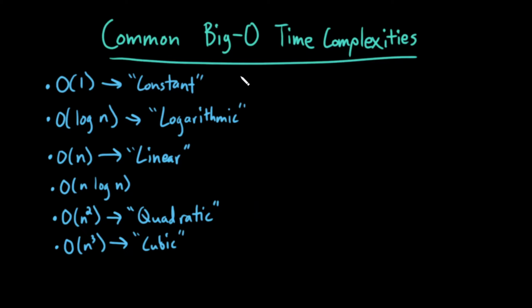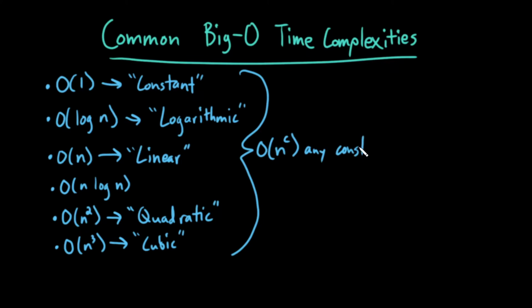And generally speaking, all of these, or in general anything that is upper bounded by big O of n to some constant c, we call polynomial time. So constant time is polynomial time.